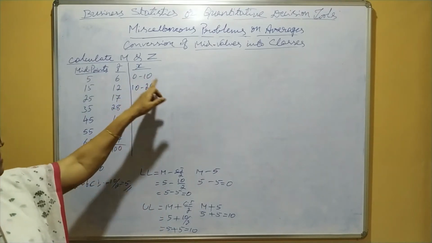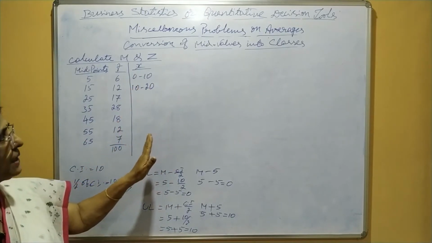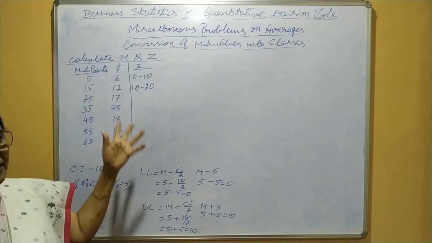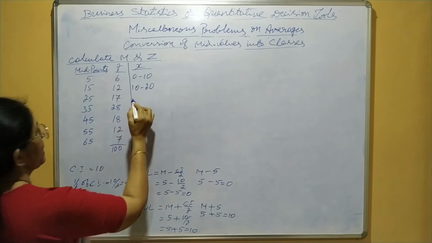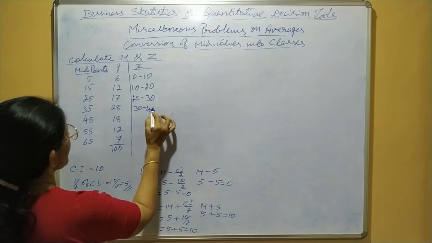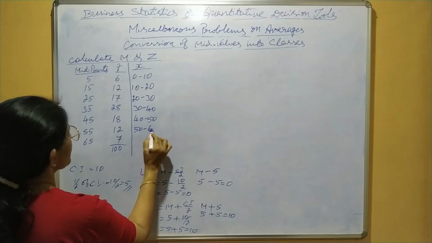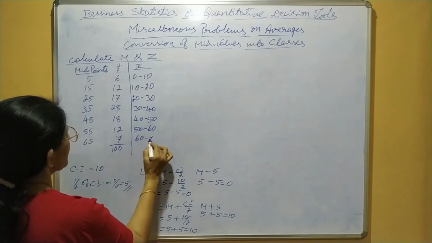Once you find the first class, we take the exclusive method, and considering the class interval, you may go on taking: 20 to 30, 30 to 40, 40 to 50, 50 to 60, 60 to 70.